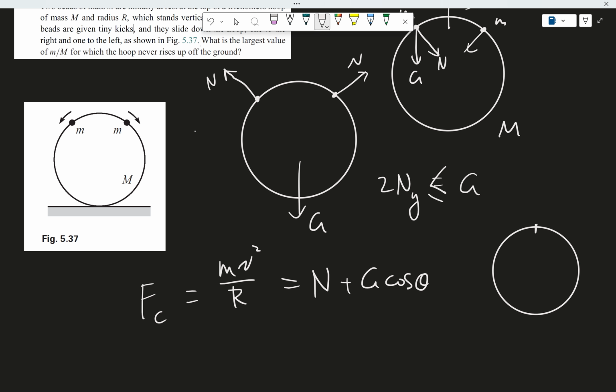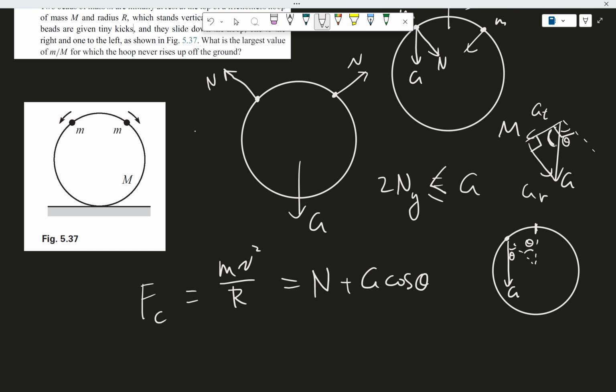So if you have a loop, let's say the bead is originally here, now it's here. Let's call this theta. And so gravity is downwards g, and then this is theta. This is the tangential component of gravity, and this is the radial component of gravity. If this was theta, this is a right angle, and this is a right angle.